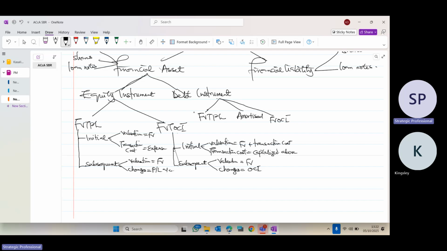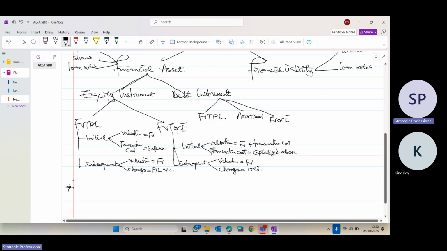And our OCI will be valued at fair value, while any changes go to OCI, and finance income will be the what? Effective rate. When we actually get to financial instruments, we shall be discussing it in detail.